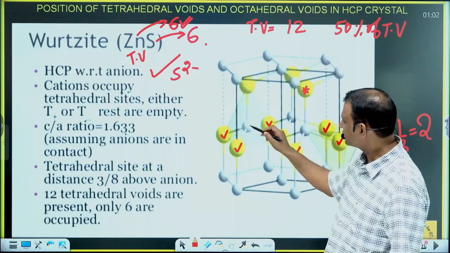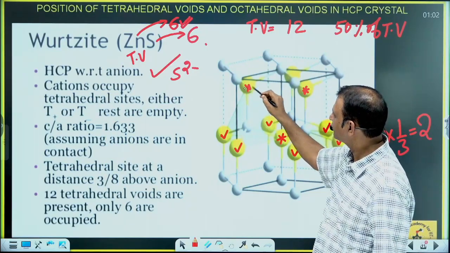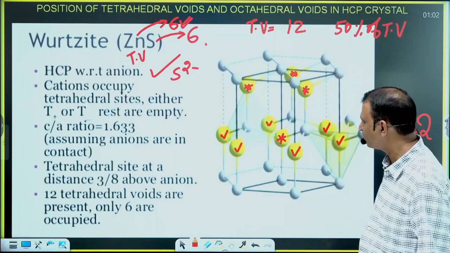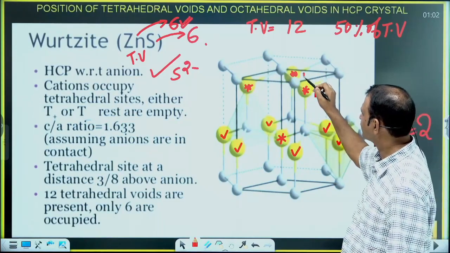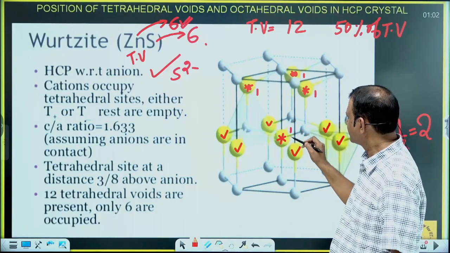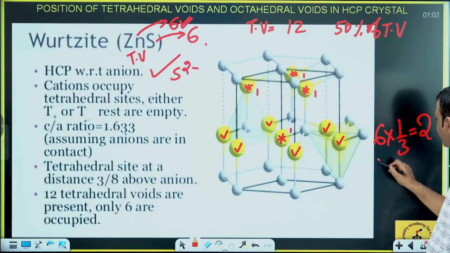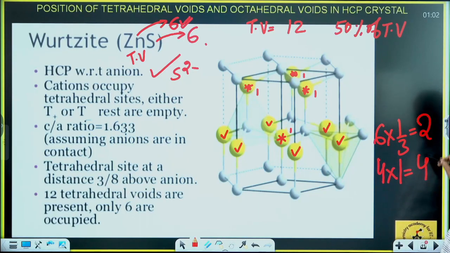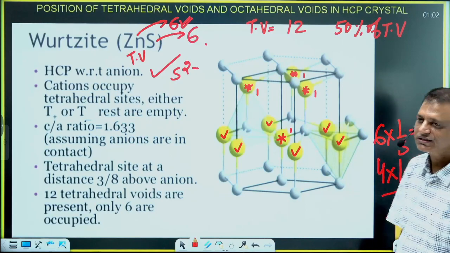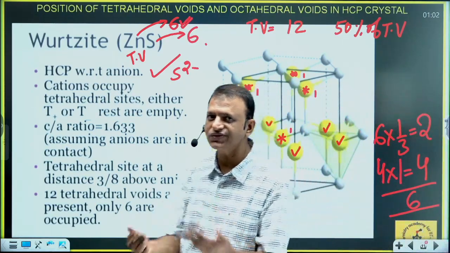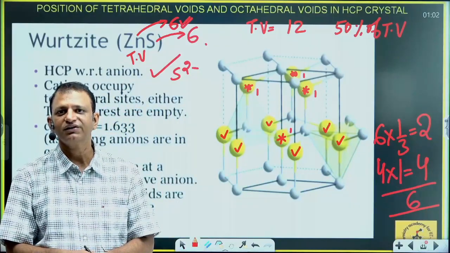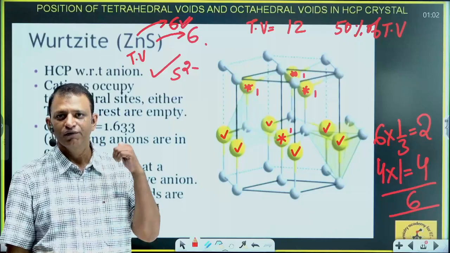With respect to this atom at the center, there is one tetrahedral void which is occupied. With respect to this atom, there is one tetrahedral void occupied, and their contribution is 1. So there are 4 whose contribution is equal to 1. So total 4 plus 2, we can say that 6 tetrahedral voids are occupied. Out of 12, 6 tetrahedral voids are occupied, meaning 50% of the tetrahedral voids are occupied in wurtzite.